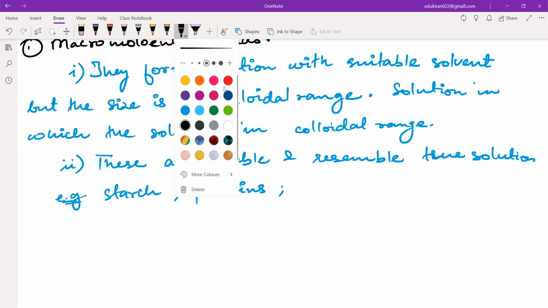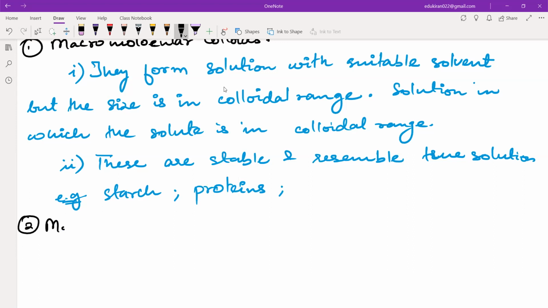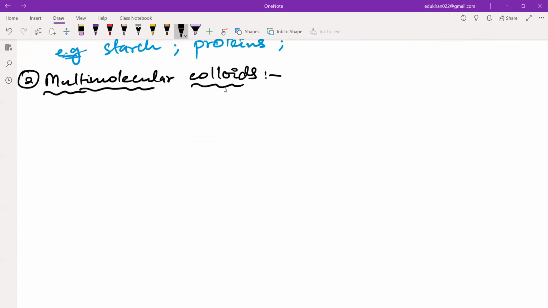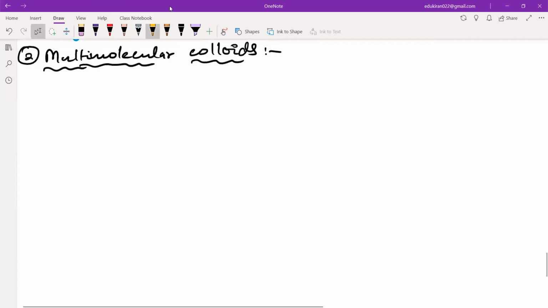Next, second is multimolecular colloids. Multimolecular means there will be a large number of atoms or a large number of molecules added in the substance.